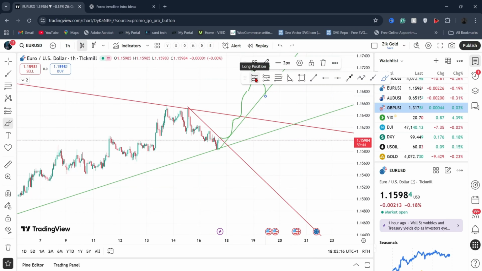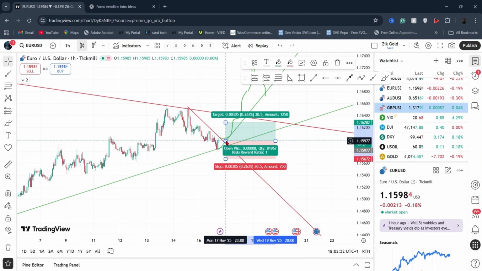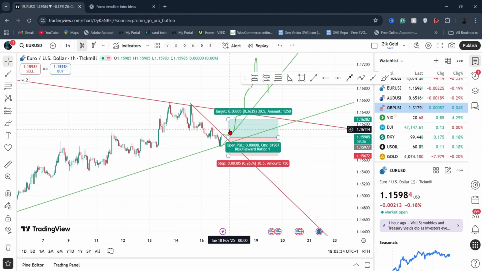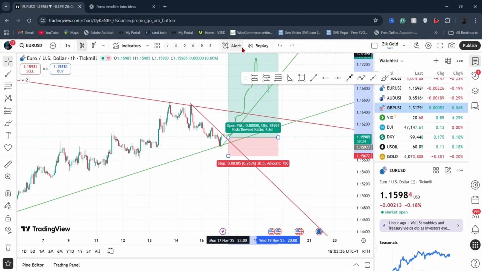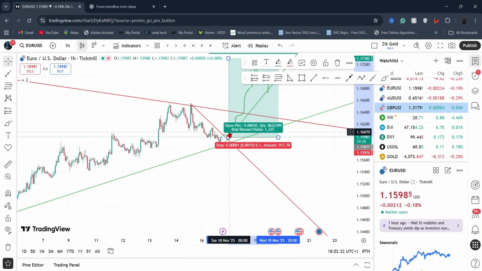But what we're not going to do is, so this is our long position. We bought at this point and price has gone up to this position. You are actually in profit. Your trade will have already even been at break even. If you understand what break even is, that means you're not losing any money.